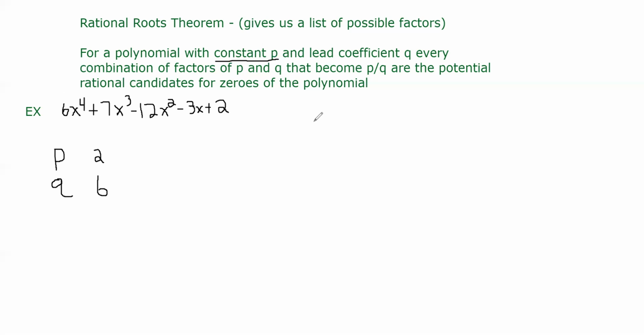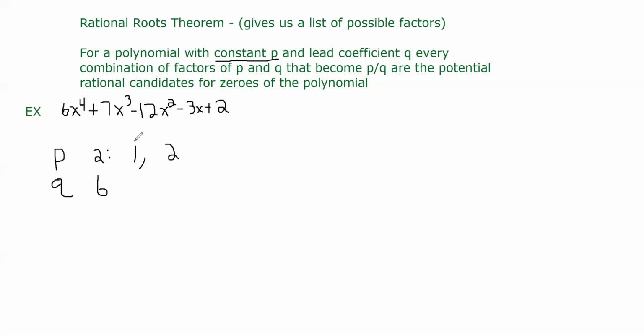Now let's read this carefully. Every combination of factors of P and Q. So wait a minute. Let's think about what the factors of 2 are. Well, 2 is a prime number, so the only factors are 1 and 2. But actually, that's not completely exhaustive.